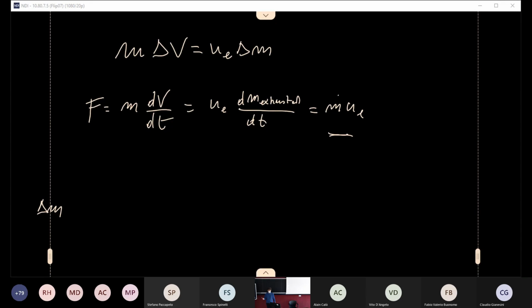Some strange books use the symbol T, perhaps with the thrust coefficient CF. This is rather strange, but there is also someone doing this. But this comes from the fact that everybody is using F.